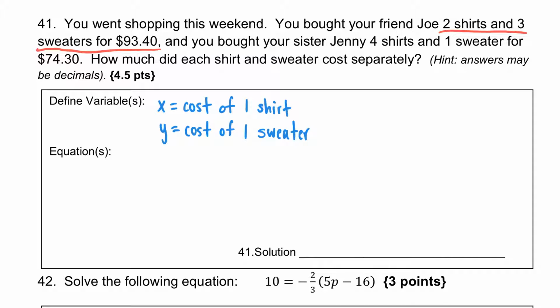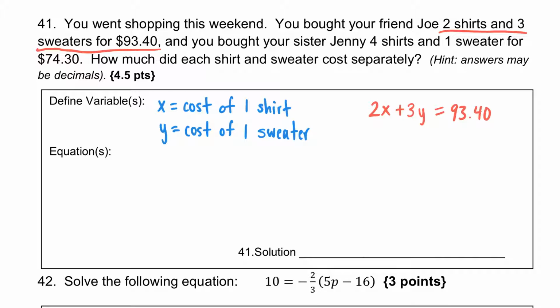So in the red here, 1 shirt is x. So if I have 2 of them, then that would be 2x. That's how much money I spent on the shirts for Joe. How much money did I spend on the sweaters for Joe? Well, if 1 sweater is y, then 3 sweaters would be 3y. And then altogether, I spent $93.40 on Joe.